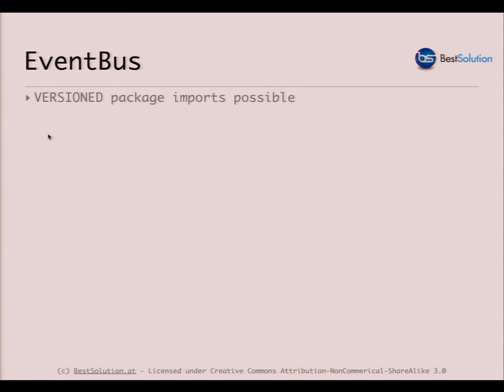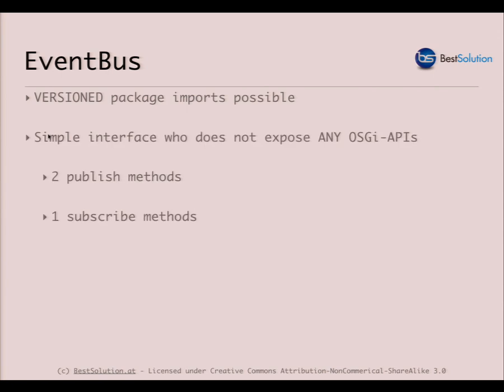We are versioning all our packages, so we can do package level imports with versions. First important thing: it's a very simple interface, and it does not expose any OSGi APIs. So at the very moment you depend on event bus, no OSGi stuff is exposed to you. That's important.